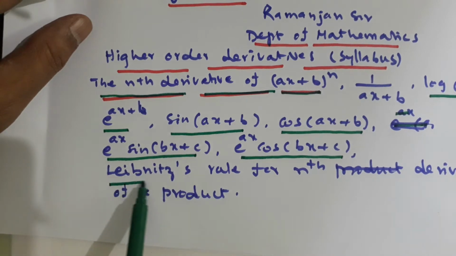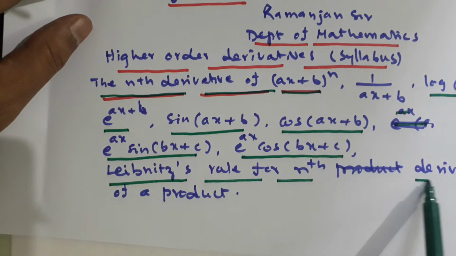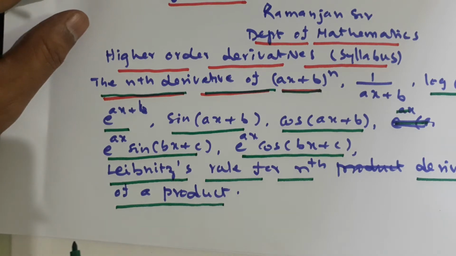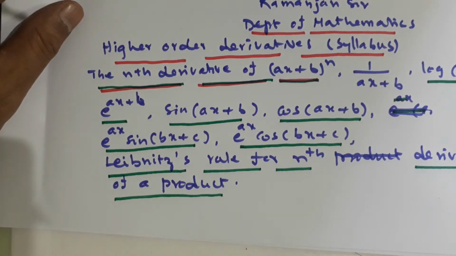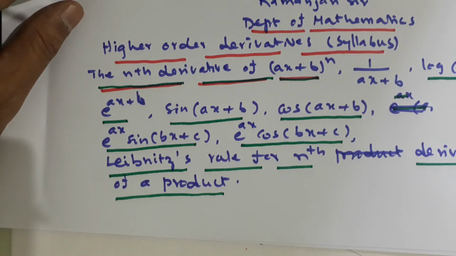Similarly, one more important theorem, Leibniz rule for the nth derivative of a product. Suppose u and v are two functions. The first derivative you know: d by dx of uv is equal to u dv by dx plus v du by dx.